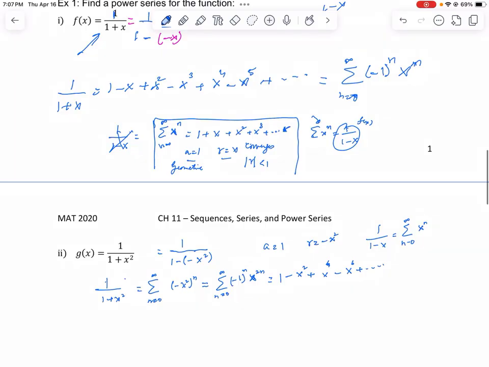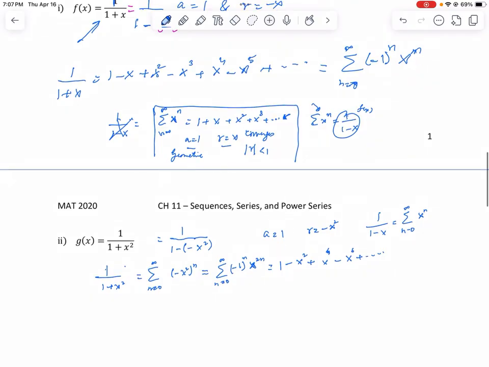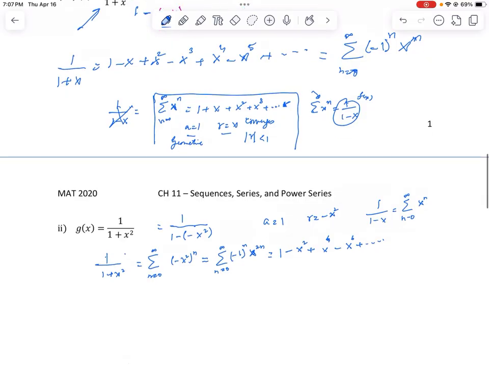The way we think about this problem is, can I write it in this form? Basically, we are trying to see if we can write it as a over 1 minus r, where a is the first term and r is the common ratio.